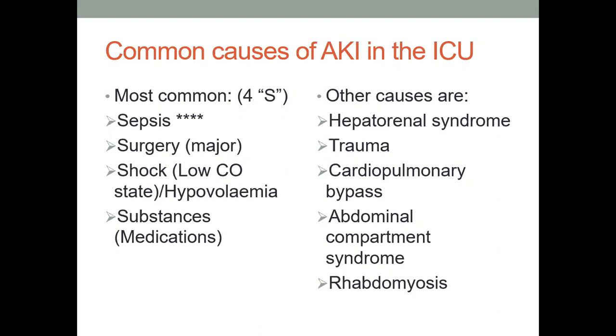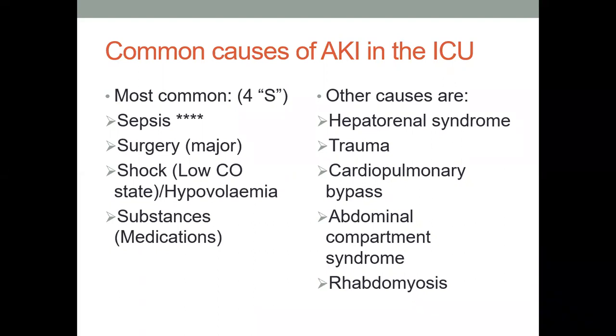Now, if you have a patient with severe sepsis with acute kidney injury, and you're able to reverse that acute kidney injury, there are higher chances that your patient will survive. So they are the first organs to go and the first to come back with aggressive management.